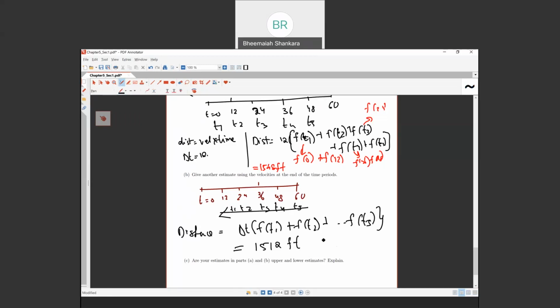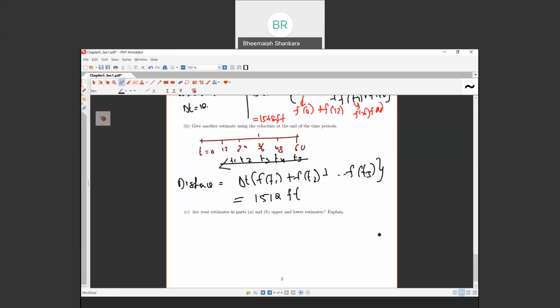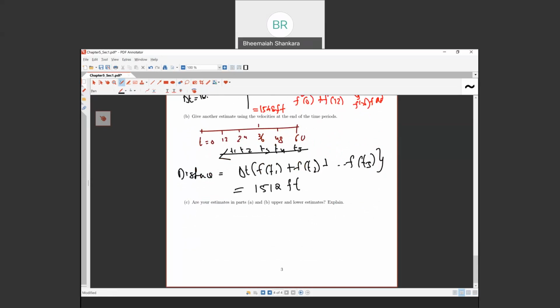So now the question asks you, are your estimates in the part A and B upper or the lower estimate? So here is the answer. The beginning of the time intervals, say the left endpoint, the distance what we calculated is 1548 feet.